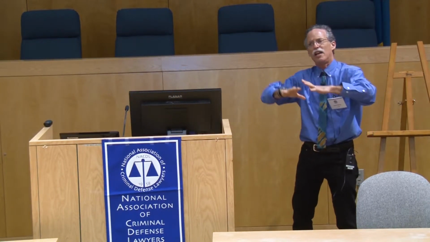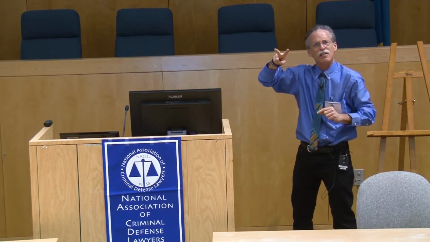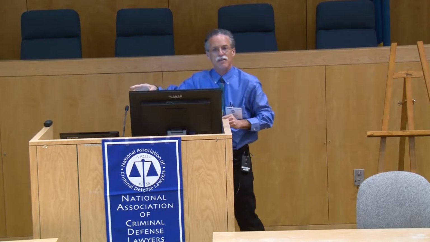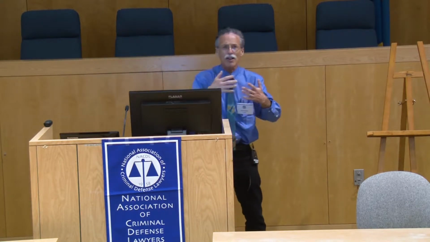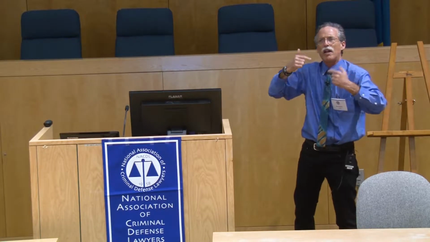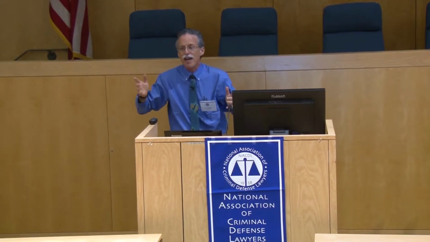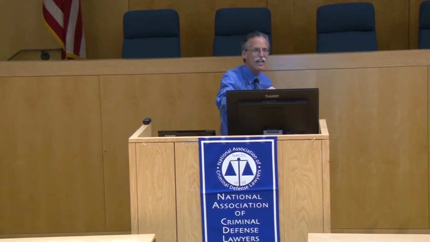And that says you have a bad character in terms of honesty, dishonesty, therefore let's not believe you today. The other kind, and nobody else uses this term, this is mine, is what I call case-specific impeachment. You may be honest in general. I don't know. I don't care. But today, in this case, you're either lying or mistaken.